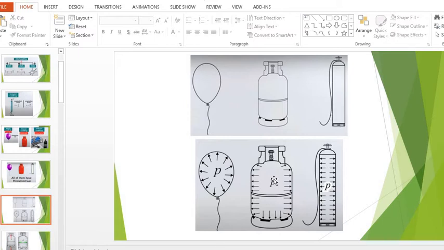Now if I analyze, there will be pressure in the balloon, pressure at every side. Here you can see this pressure at every side. This pressure is normal to the surface, right? And here again, the pressure is acting in x direction as well as in y direction, means it is acting in all directions.